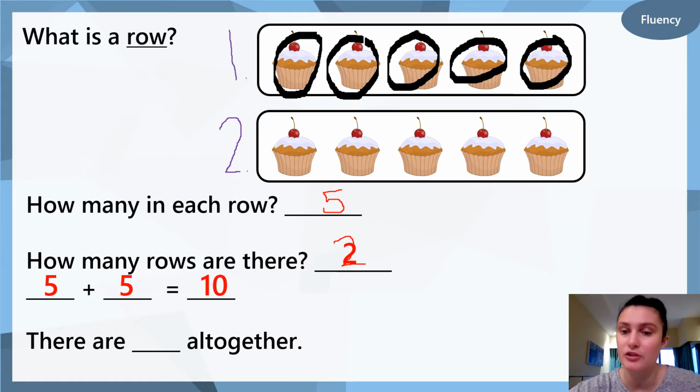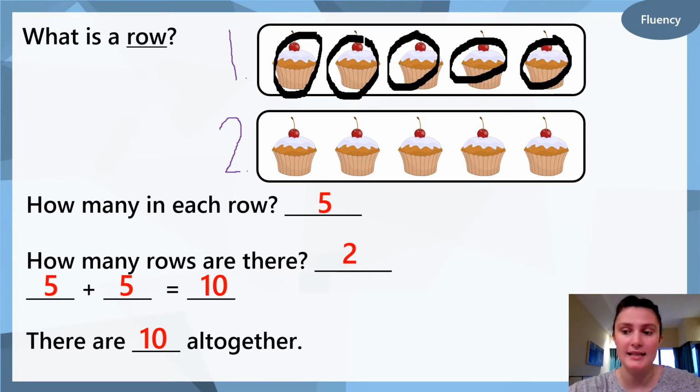Or we could do it a faster way and we could use our skip counting. 5, 10. So how many are there altogether? Very good. There are 10.